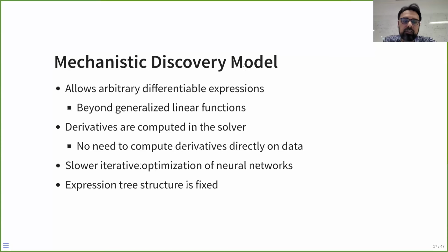The disadvantage is that this has a slower iterative optimization of neural networks rather than fast linear regression. Another limitation, or feature, right now is that the expression tree structure is fixed. However, you can include any arbitrary differentiable expression there. You can include neural networks, you can include interpretable functions, you can make it as simple as possible or as complex as possible.